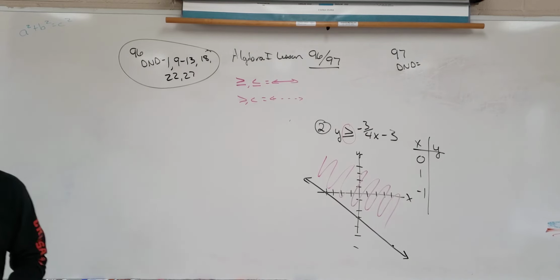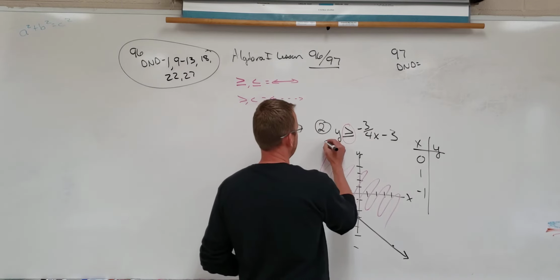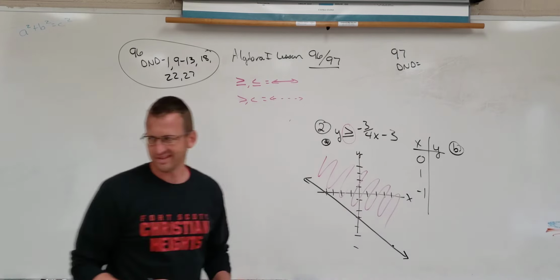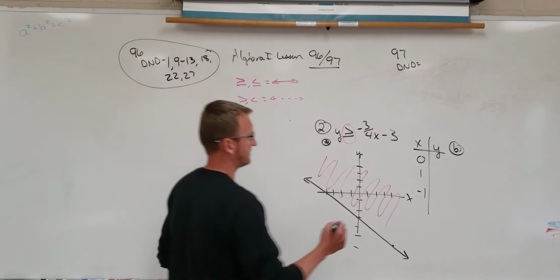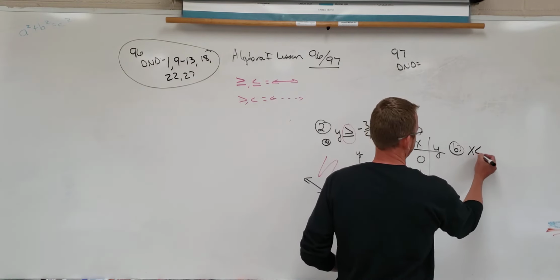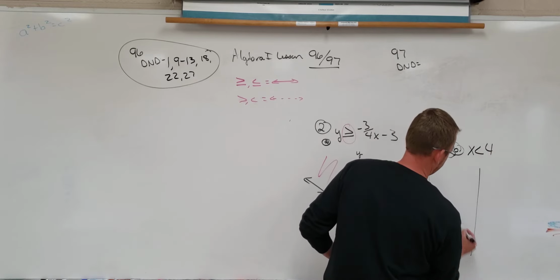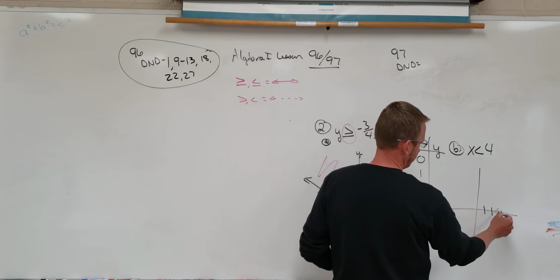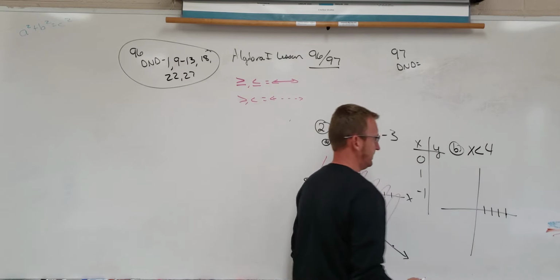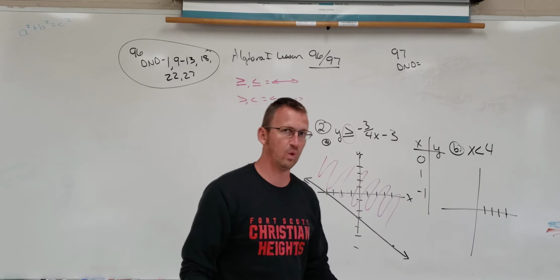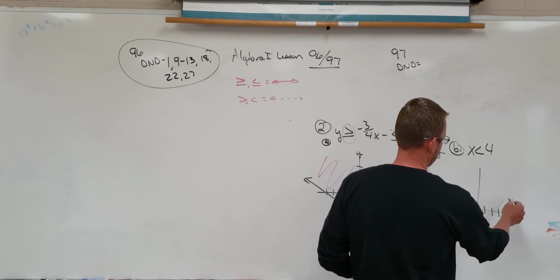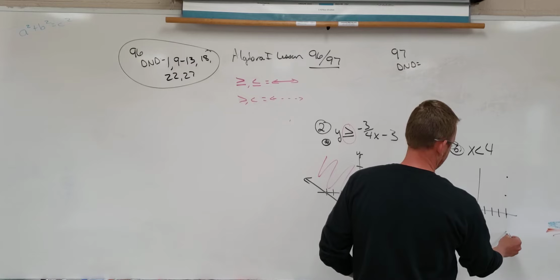We're going to do the next one down here. So B says x is less than 4. So if we draw our coordinate plane, 4, and here it means that no matter what y is, x is always going to be 4. So we can put dots anywhere.